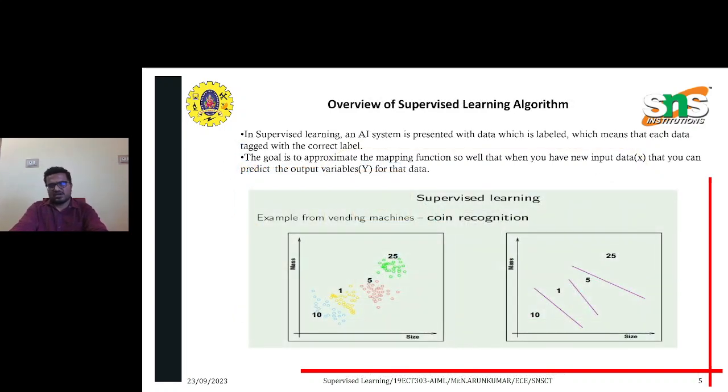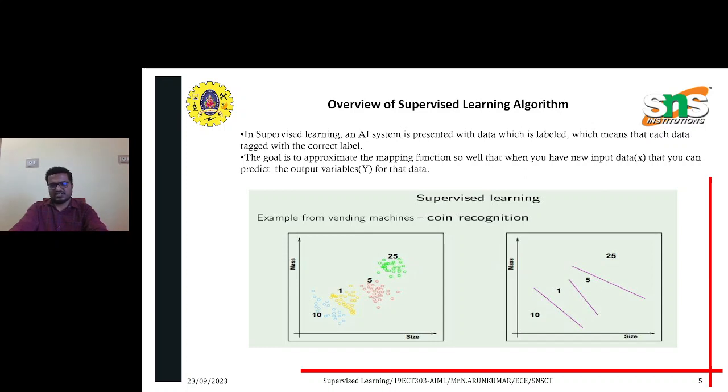For example, take coin vending machines. Normally vending machines have different categories, 5 rupees, 1 rupee, and a lot of slots. In this slide, we have a lot of coins available: 1 rupee, 5 rupees, 25 rupees, and 10 rupees. All the slots are identified by the machine.